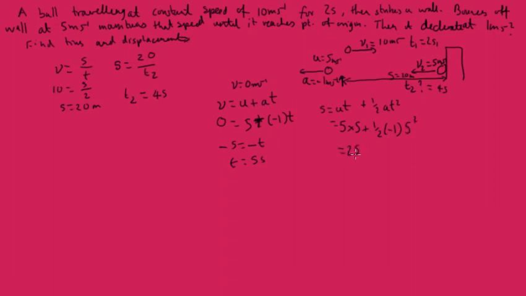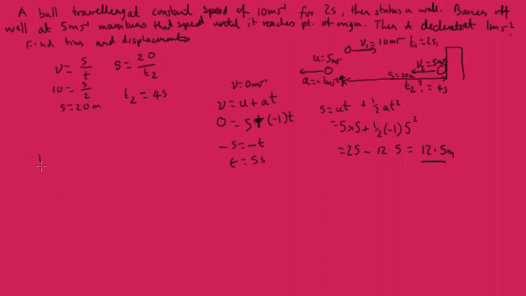So we've got 25, half of 25 is 12.5, and it's going to be -12.5. So that's going to be 12.5 meters, 25 minus 12.5 is 12.5. So that's our distance.